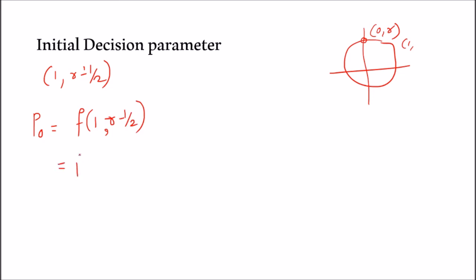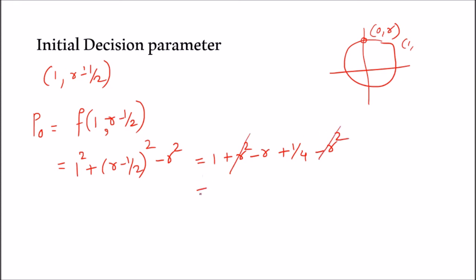So expand this: 1 square plus (r minus 1 by 2) square minus r square, which is equal to 1 plus r square minus r plus 1 by 4 minus r square. So r square gets cancelled. It is equal to 1 plus 1 by 4 minus r, which is 5 by 4 minus r. So I can write it as 1 minus r, for simplification. So the first initial decision parameter is 1 minus r.